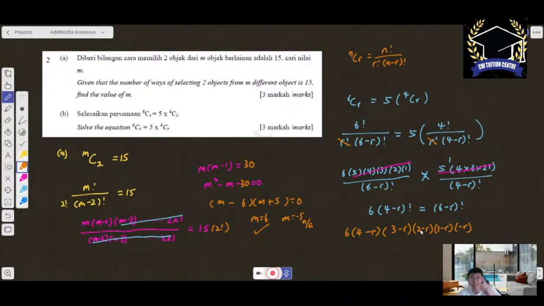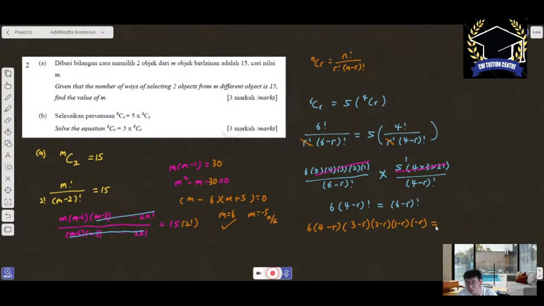You can only left until negative r. Same goes to this part. I am going to do the same. So 6 minus r, 5 minus r, 4 minus r, until negative r. You keep on minus, minus, minus. So as you can see, this part here is the same. I can cut away.